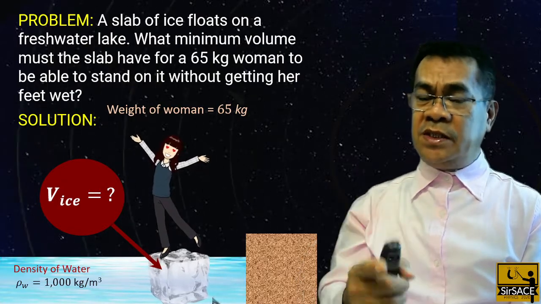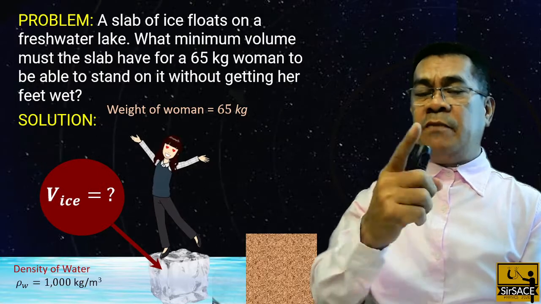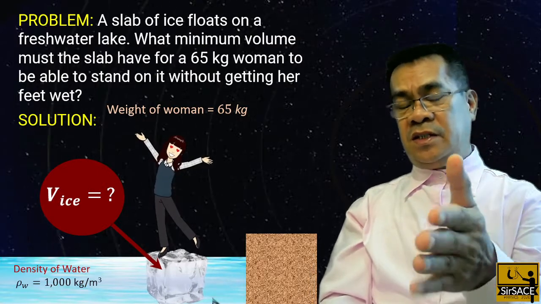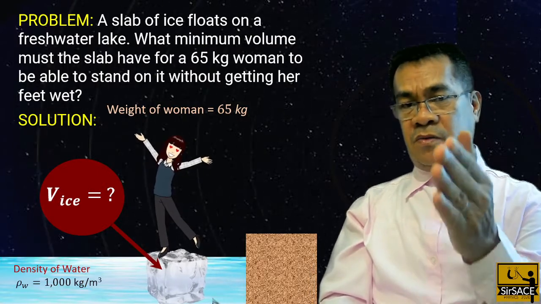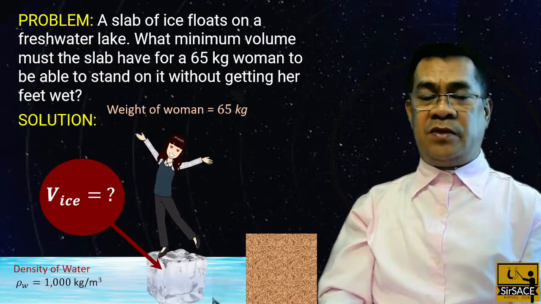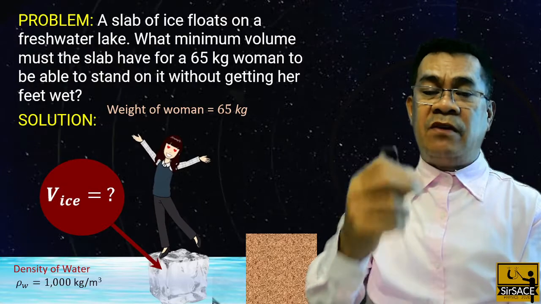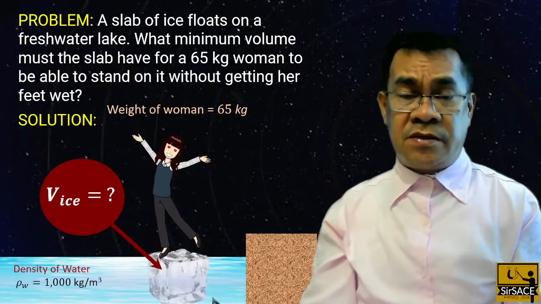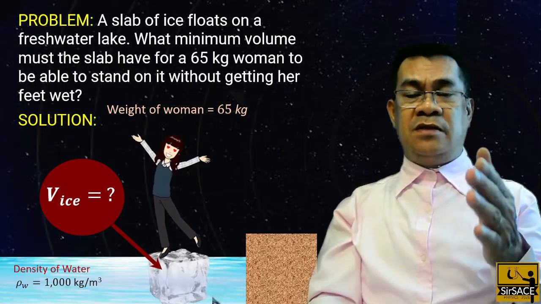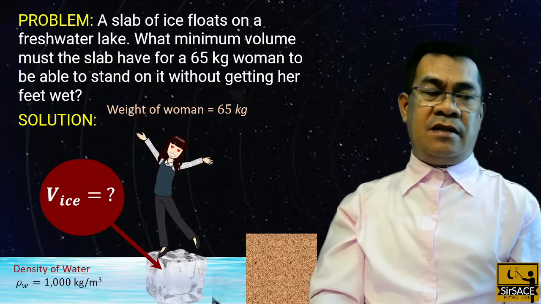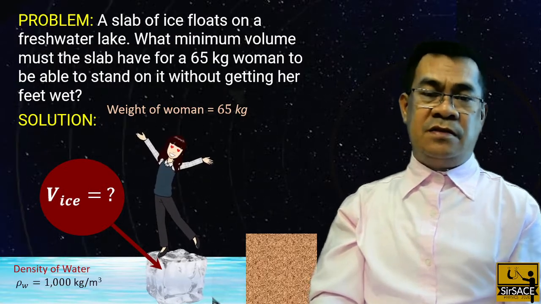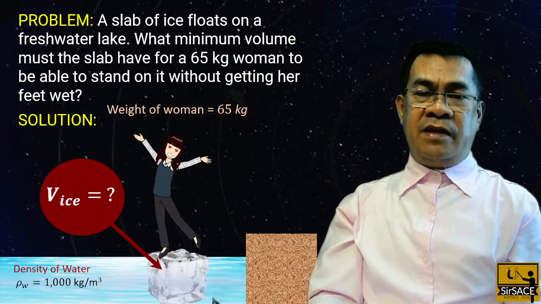So how to solve this? Identify all the forces on the system, the woman and the ice, because they are considered as one system. What are the forces on that? Take note that in our previous videos on Newton's law, we need to construct the free body diagram.